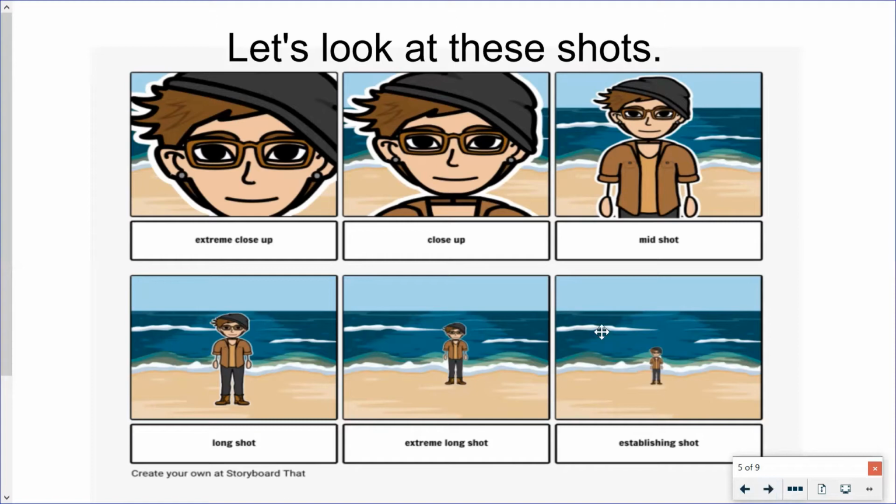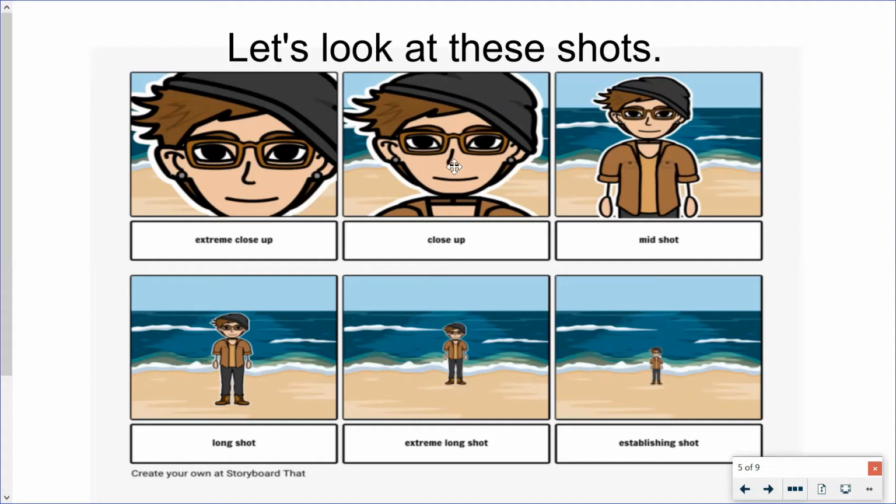Okay. The first one is called extreme close-up. Maybe the photographer zoomed in a lot in order to take that picture, and you can see that the chin is chopped off and some of his hat as well. The second one is called close-up.